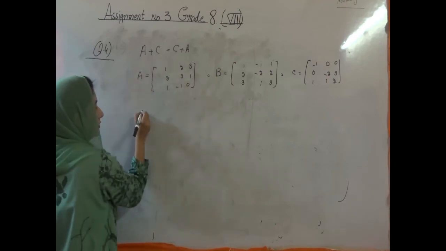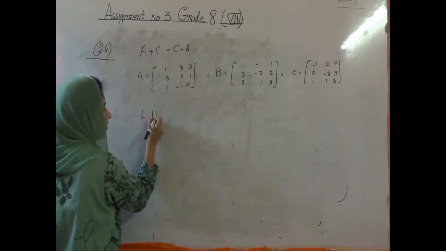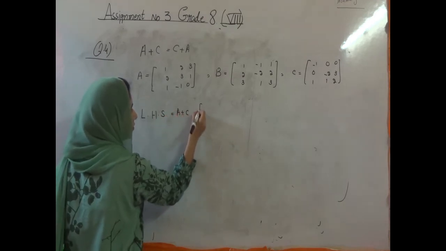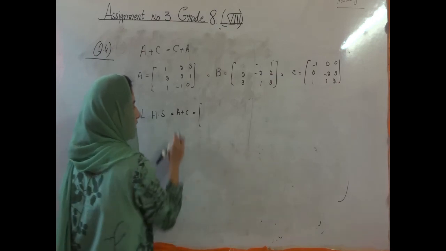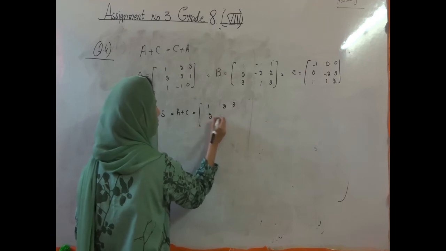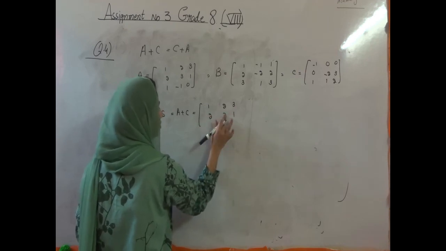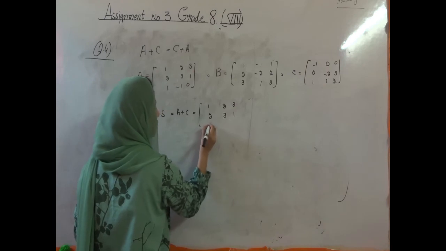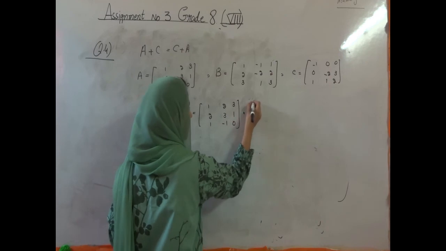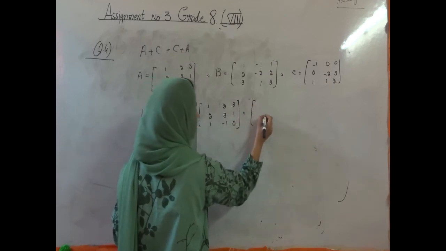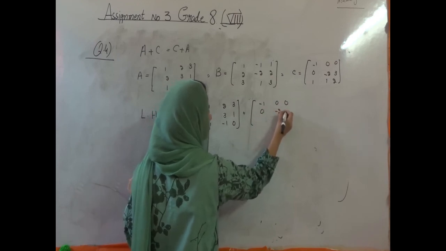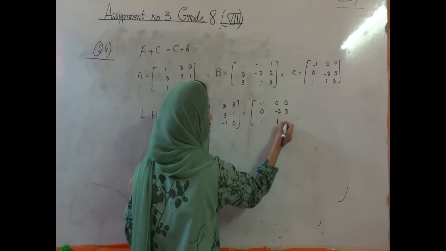So first write down the left hand side, A plus C. It means first we will add the two matrices A and C. A is 1, 2, 3, 2, 3, 1, 1, minus 1, 0, then plus sign, the C matrix, minus 1, 0, 0, 0, minus 2, 3, 1, 1, 2.